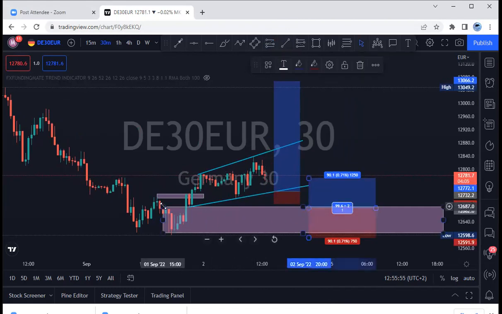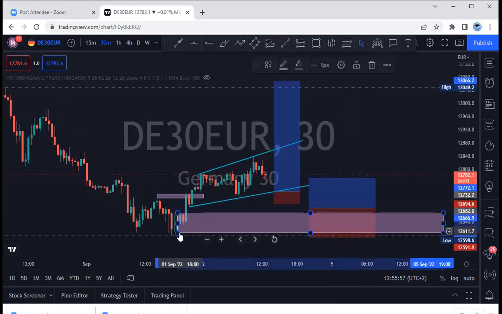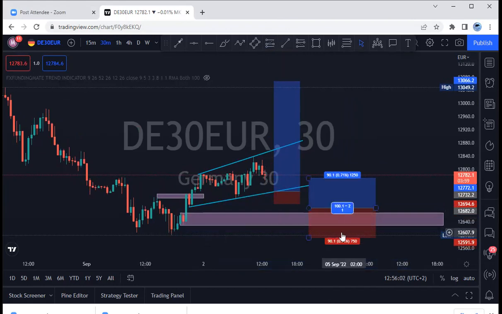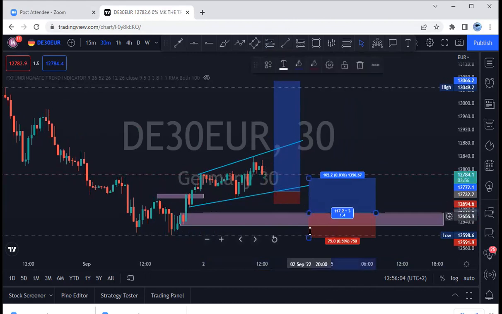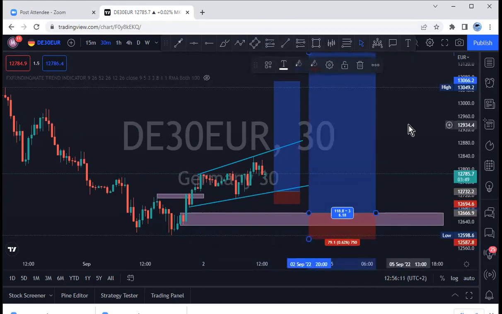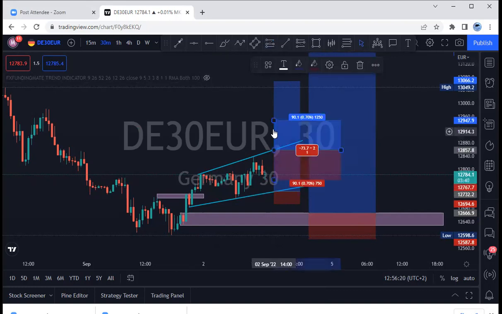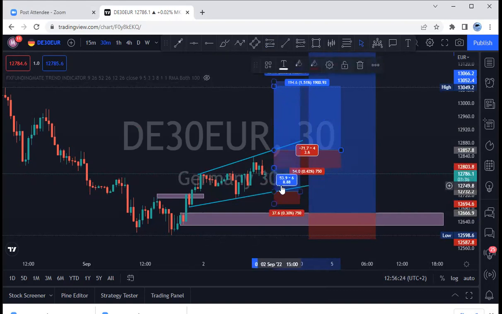Let me modify this one, because whenever you shift or change time frames, you must modify your setup depending on what this is. So stop loss is going to be somewhere below here and then to the upside. So yeah, if it breaks this channel to the upside, then you know what to do. Same thing, stop loss somewhere here.